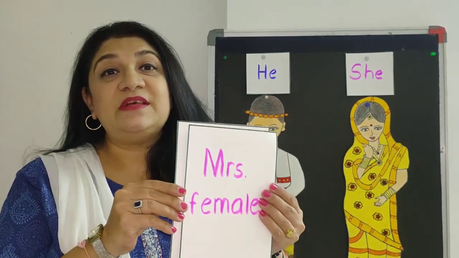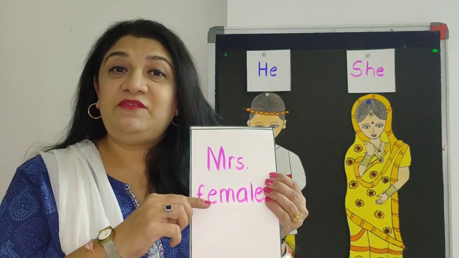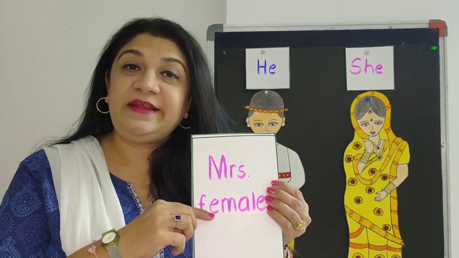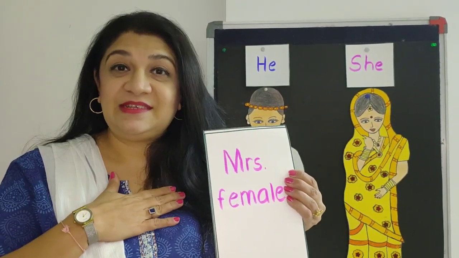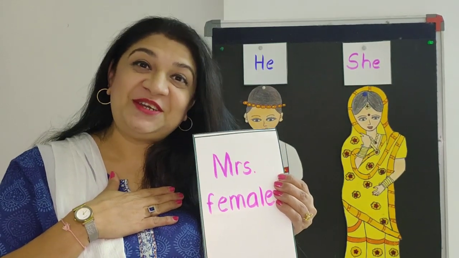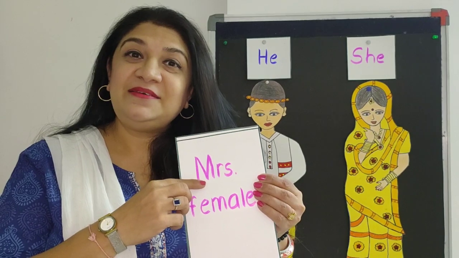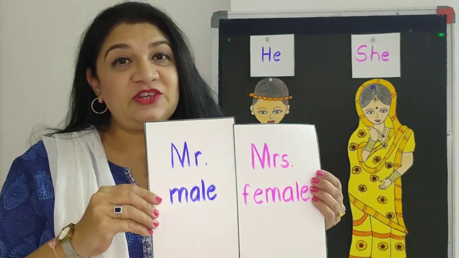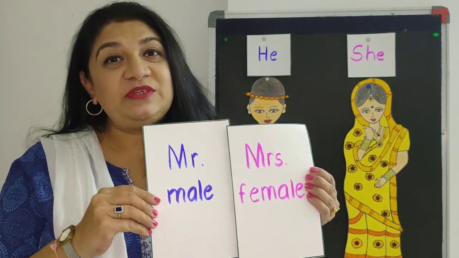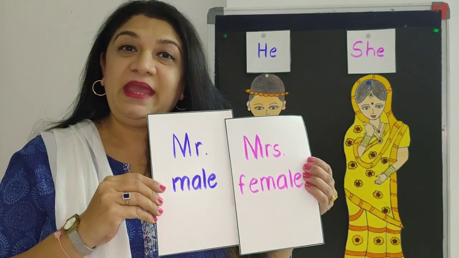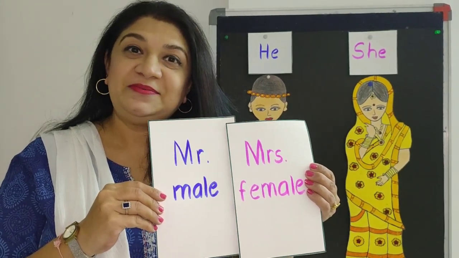And we use Mrs. for when we are referring to a female gender. For example, Mrs. Sonali is your teacher, or Mrs. Mehta is my mother. So children, Mr. and Mrs. is also used when we are referring to male and female gender.